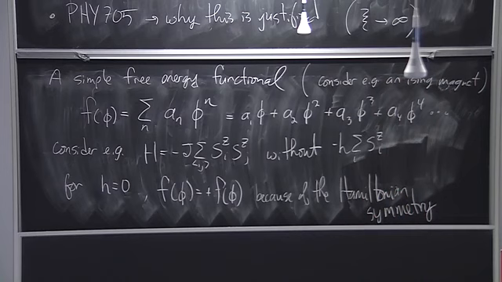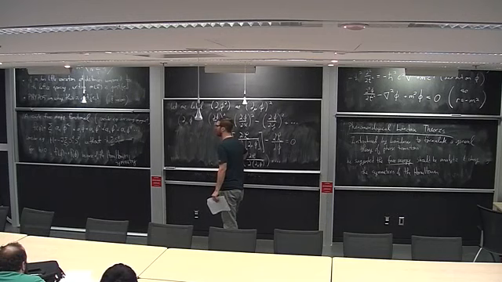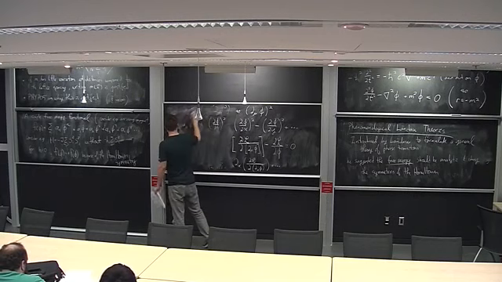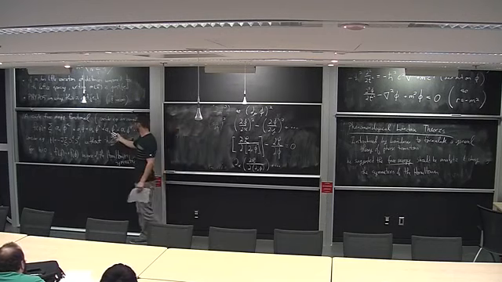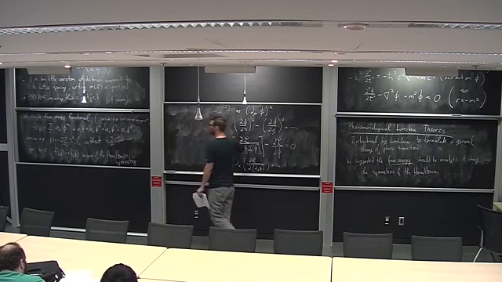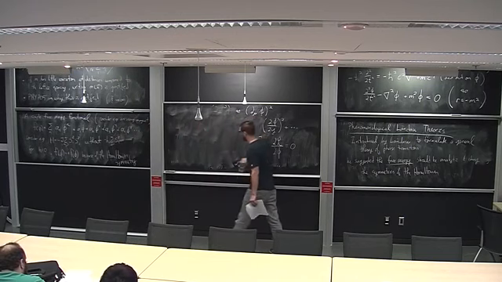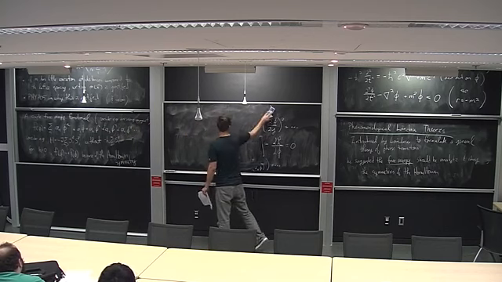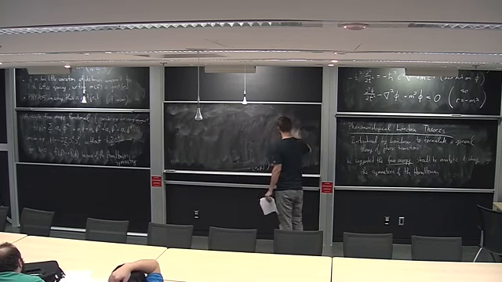So that means we can just eliminate all the terms that are odd powers of phi here. So A1, A3, A5, all those things must be 0 if we have this symmetry.